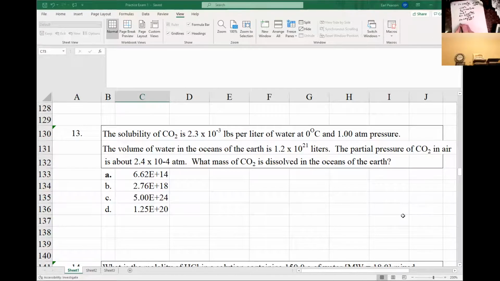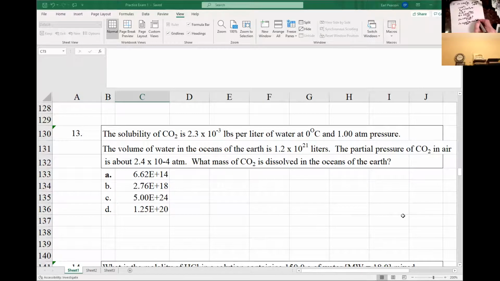So the solubility of CO2 in the ocean is 2.3 times 10 minus 3 pounds per liter per atmosphere. The pressure is 2.4 times 10 to the minus 4 atmospheres. So my atmospheres are canceling.